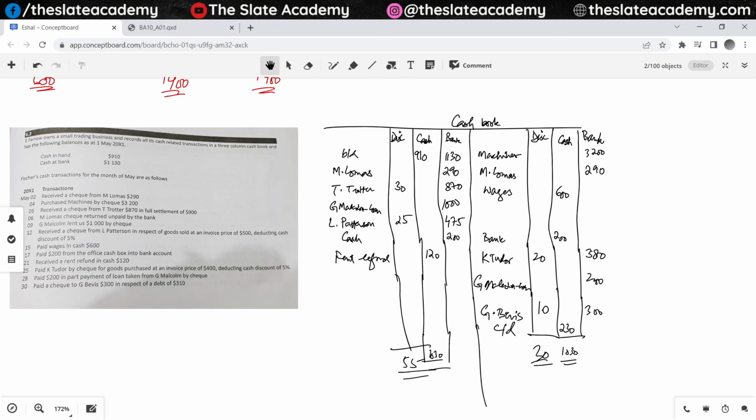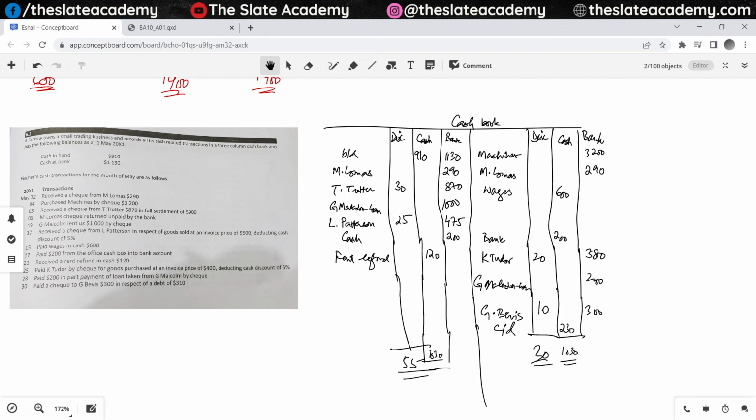Debit side bank. 1130 plus 290 plus 870 plus 1000 plus 475 plus 200. 3965. Uh-oh. Again, the credit side.